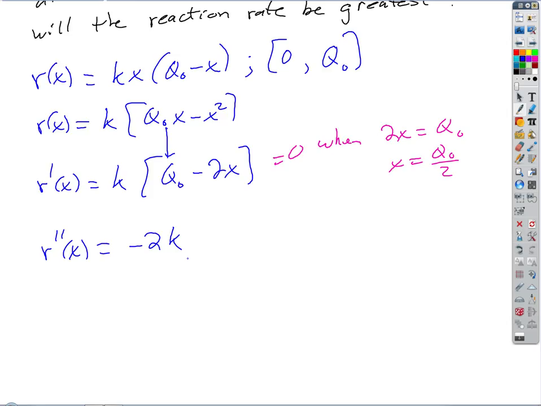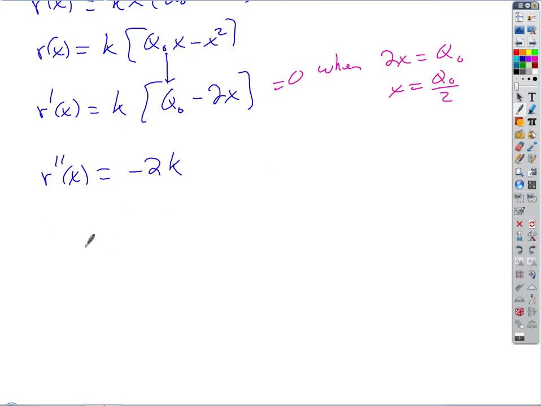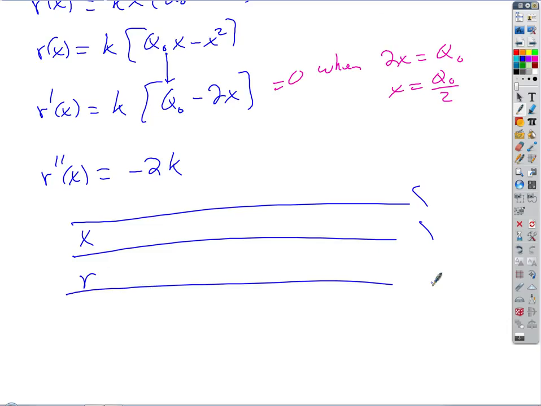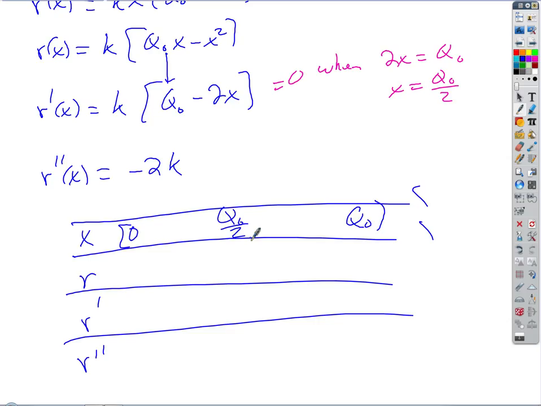These happen to both be quadratics, but otherwise they wouldn't necessarily be. So when we make our table, we already know. All that means is horizontal tangent, downward concavity, that's our maximum.